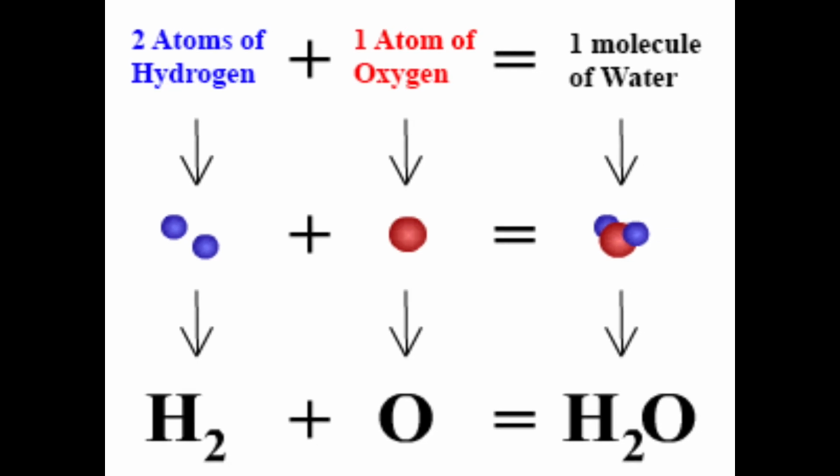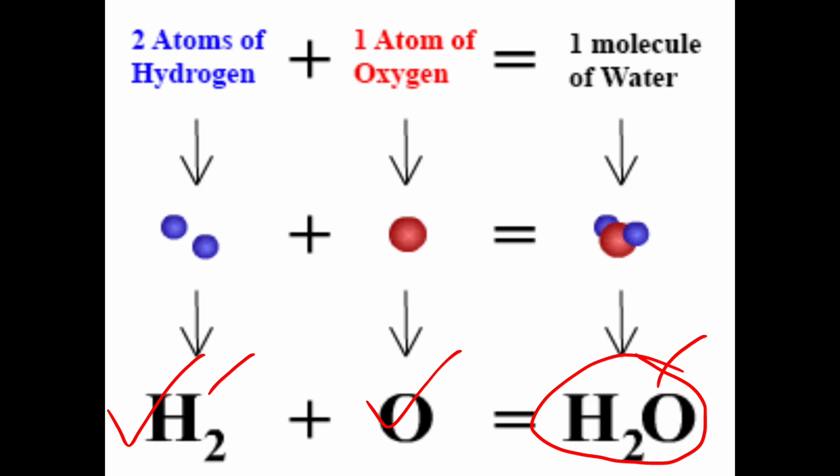So let's look at this slide. Again, the formation of H2O, we are getting 2 hydrogen atoms here and 1 oxygen atom here, and we are writing H2O, the molecular formula of water, and here H is the symbol, O is the symbol, but H2O is the formula.